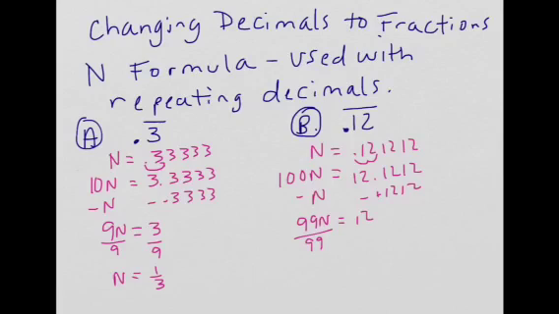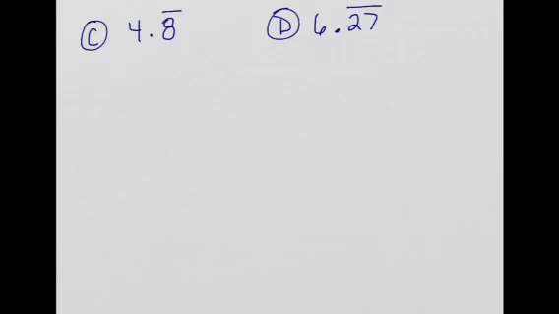Divide by 99, divide by 99, and n is going to equal 4/33.